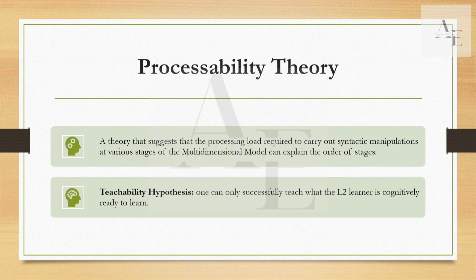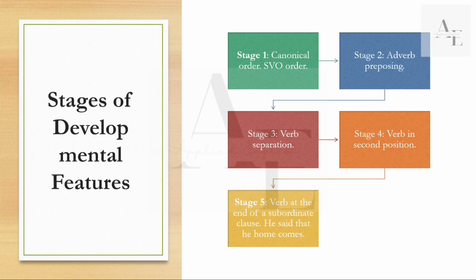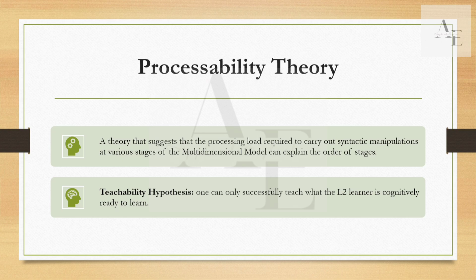So one needs to know canonical order, adverb preposing, verb separation, and verb in second position in order to learn verb at the end of a subordinate clause. So it has to be done in order, even in teaching. Even if you've done everything that you can, one can't acquire stage 5 without knowing the previous stages. That's what the teachability hypothesis says.